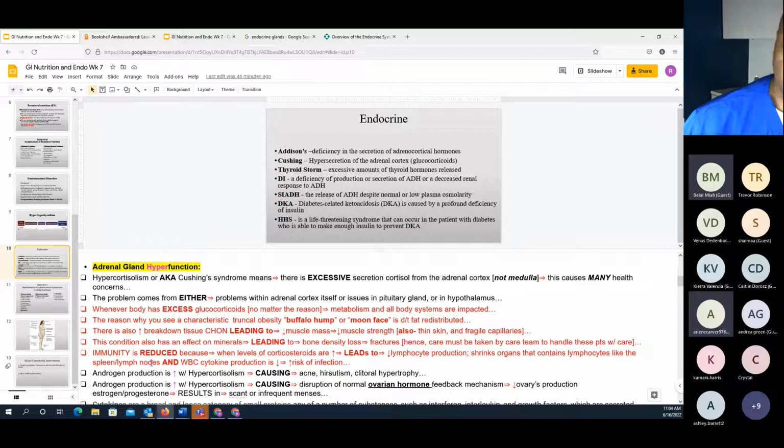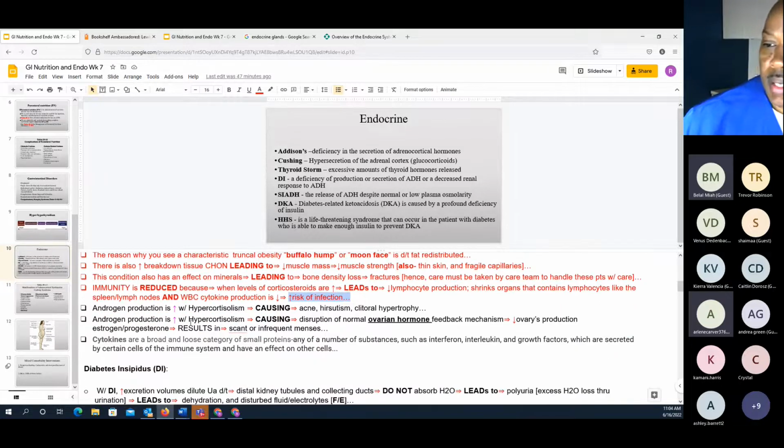Again, that helps us to fight infection. There's also a reduction in white blood cell cytokine production. So what does it lead to? High risk of infection. What does this mean for you as a nurse? Part of your teaching is when these patients are on steroids, that they should avoid crowds, they should wash their hands, because they are more susceptible to infection, right? All right, so keep that in mind.